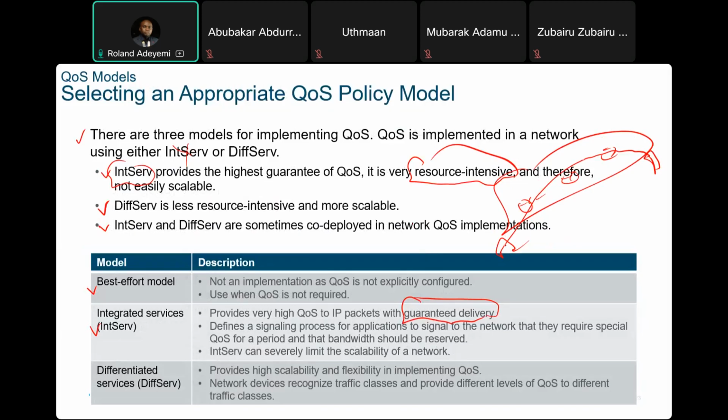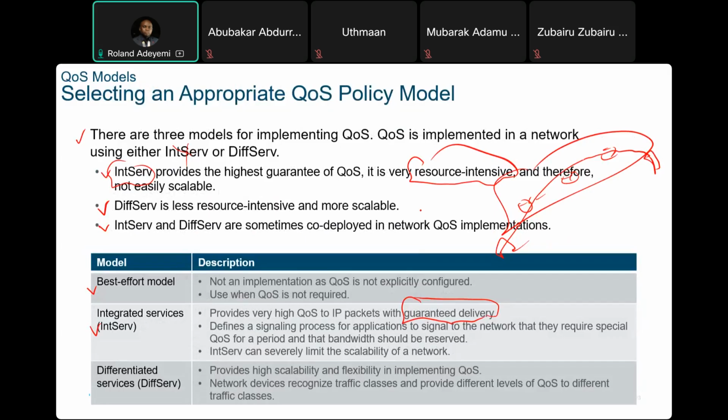It's like when the president or vice president or most of these lawmakers are passing, the road must be cleared, even if they will cause congestion for the rest of us, they don't care. And the right way to put it again is that bandwidth must be reserved. And the drawback with integrated services is that even when that bandwidth is not in use by that data traffic, it is already reserved. And that doesn't make sense.